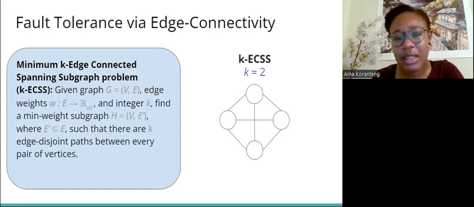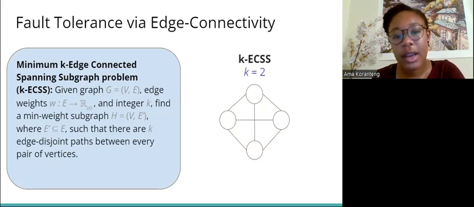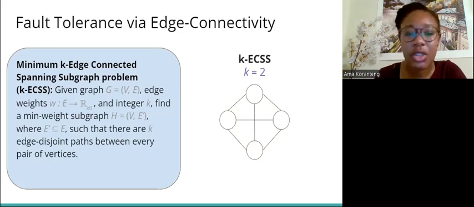One of these classic edge connectivity problems is the minimum k-edge connected spanning subgraph problem, or KECSS, which we have defined here. So in this problem, we're given an input graph, we're given edge weights and some non-negative integer k, and the goal is to find a minimum weight spanning subgraph such that in the subgraph there are at least k edge disjoint paths between every pair of vertices.